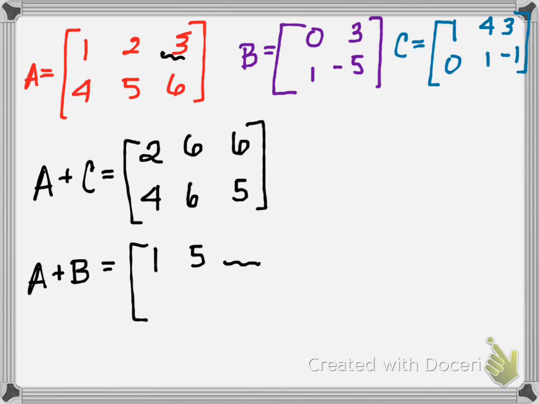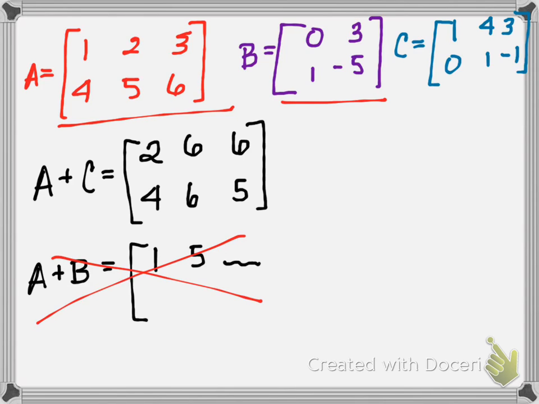Because I have an entry in the first row, third column in A, but I have no third column in B. So because of this conundrum, we say that we can't do this. A plus B is not possible because A and B are not the same size. So in order to add two matrices, they must have the same size.